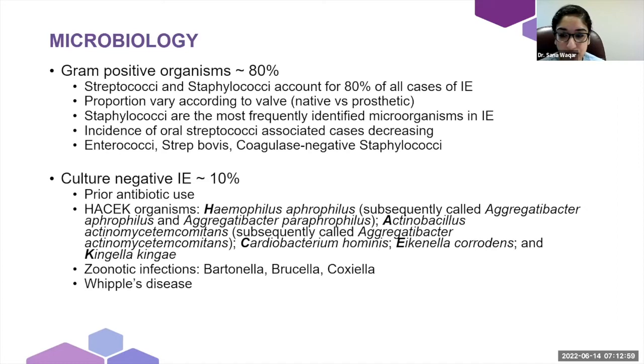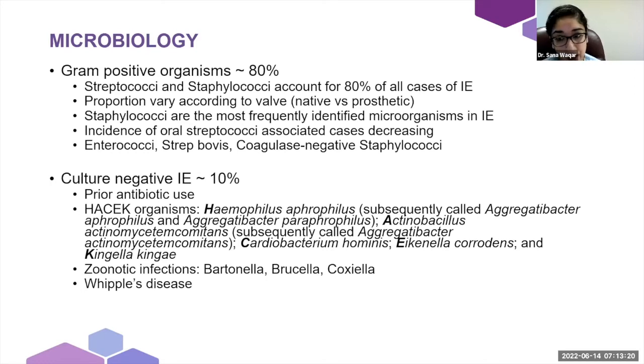Especially in the setting of subacute endocarditis, these patients present with a very indolent course, so maybe low-grade fever, malaise, and fatigue for weeks rather than days. Because of this, they see their primary care physicians who, thinking this may be something infectious, give them a round of oral antibiotics.